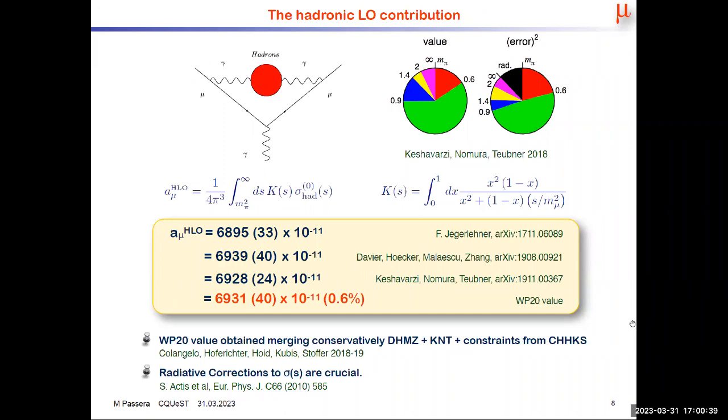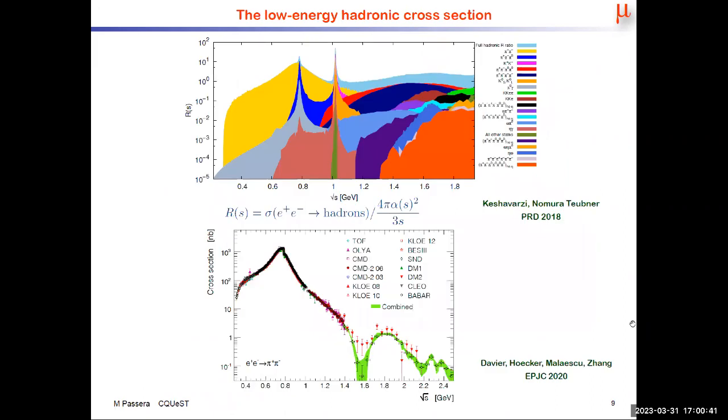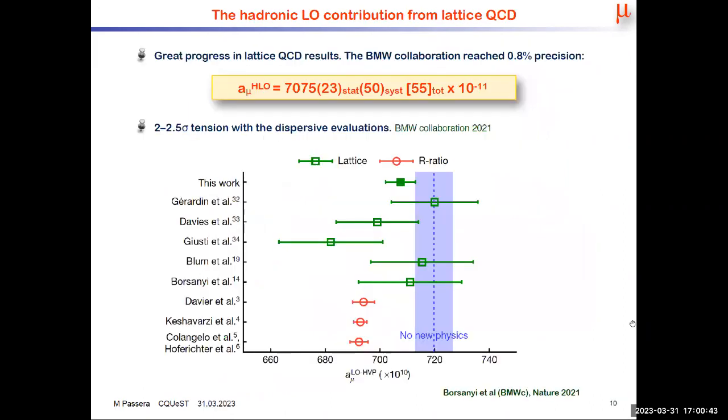Now, the problem, or it depends on the point of view, is that there is an interesting, very important result that occurred in 2020. It was the first precise calculation, at better than 1% precision, of this contribution on the lattice. And this number is very precise, you see it here, an uncertainty of 55 in 10 to the minus 11.